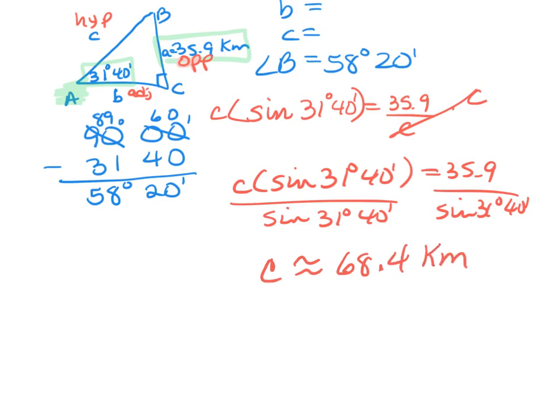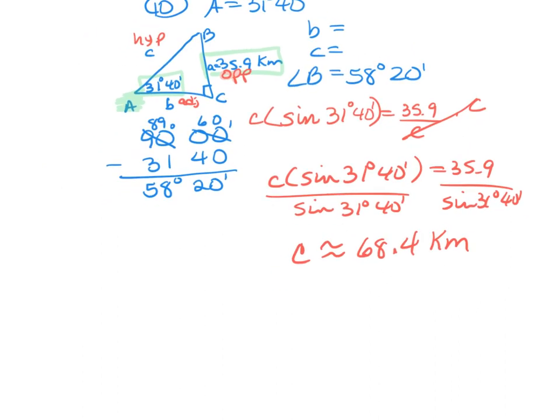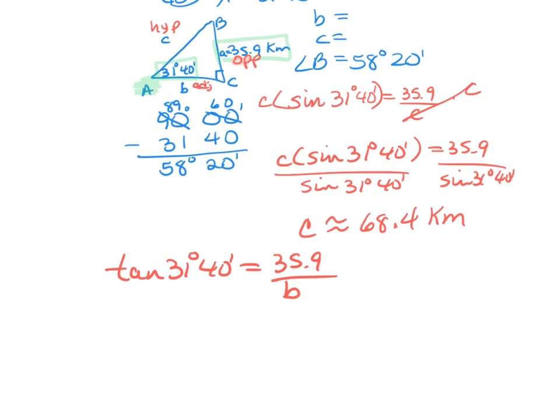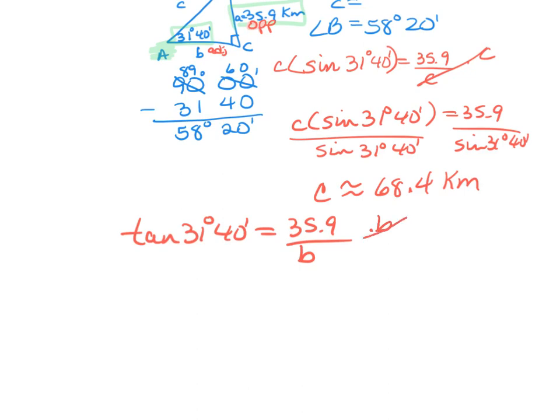Now to find little b, I'm going to be doing adjacent and opposite. So I'm going to be doing tangent. Tangent 31 degrees, 40 minutes is equal to opposite over adjacent. Then I'll solve this one. Again, multiply both sides by b, and then again, we're dividing to solve.